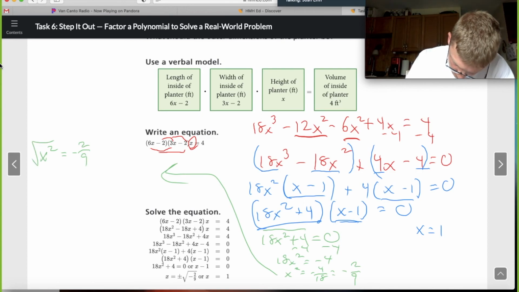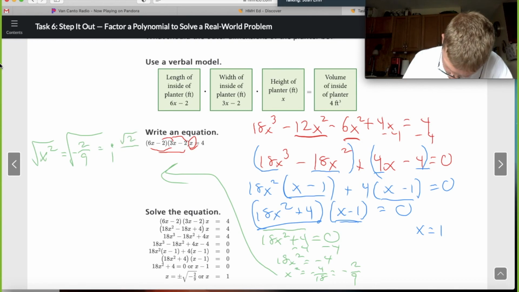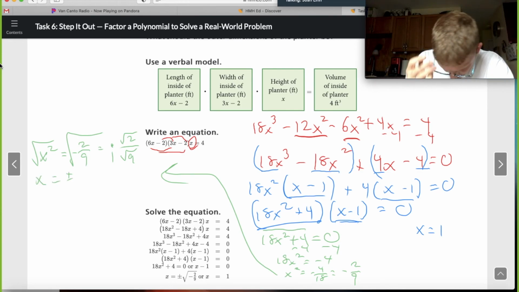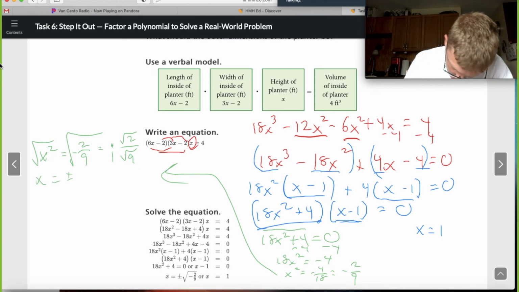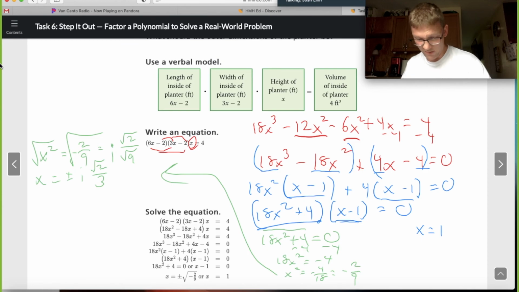So then we're going to square root both sides, and we'll pull the i right out, so we've got a negative sign under there. i, square root of 2 on top, square root of 9 on bottom. So then x is going to equal plus or minus i square root of 2 over 3, because the square root of 9 is 3.